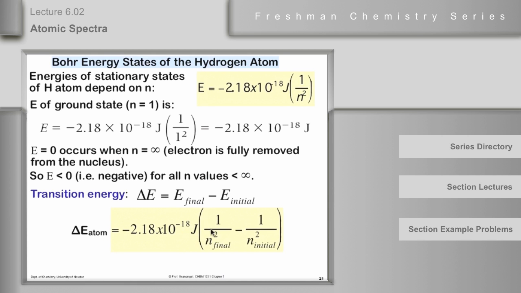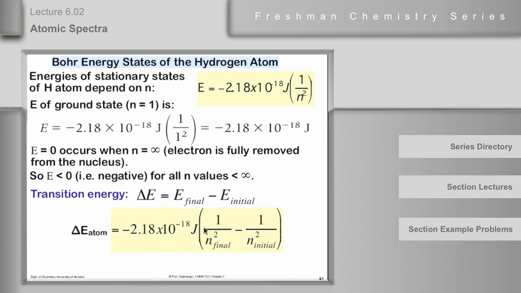1 over n squared final minus 1 over n squared initial. Notice how much that looks like whose equation? Rydberg. It looks a lot like Rydberg's equation. The constant here is different because we're getting delta E of the atom, not 1 over lambda.